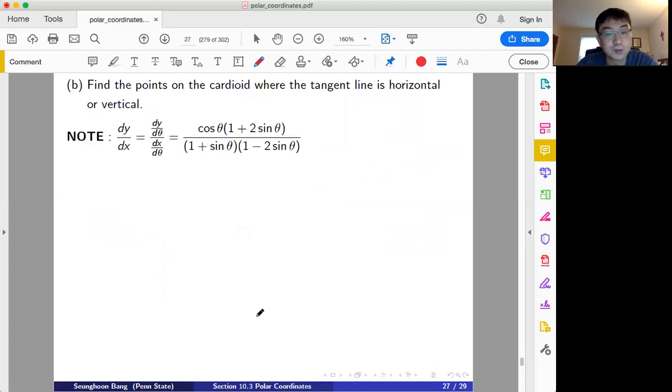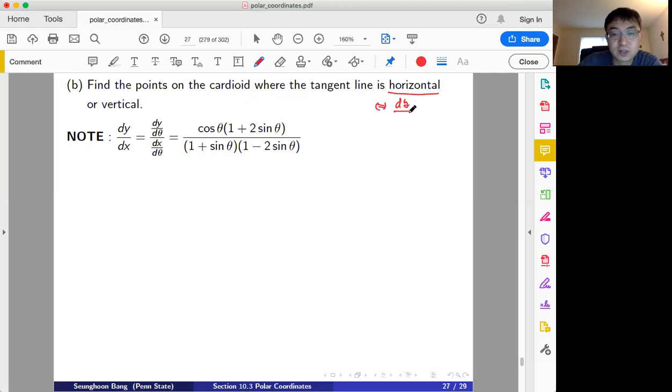So we can use the previous result, dy over dx. The dy over dx is cosine theta, 1 plus 2 sine theta, over 1 plus sine theta, 1 minus 2 sine theta. So was it a horizontal line? The key part is, not y equal to 0.